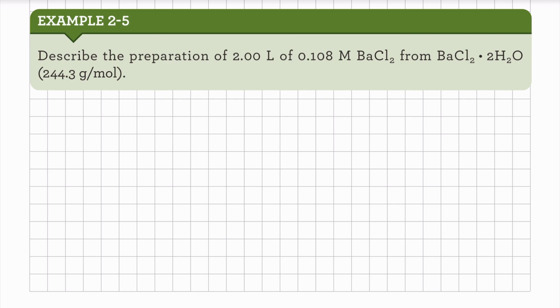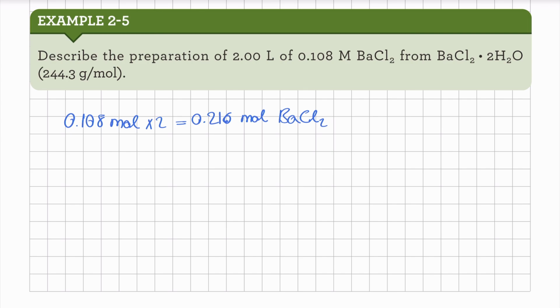So let's go. We can say that 0.108 mole of BaCl2 is available in each liter of this solution. So we can simply multiply by 2, and we are going to get 0.216 mole of BaCl2.